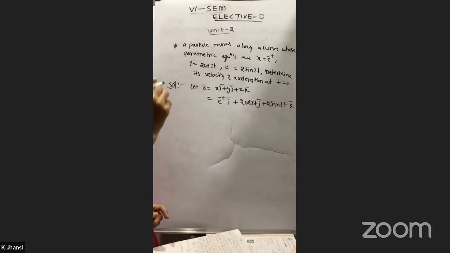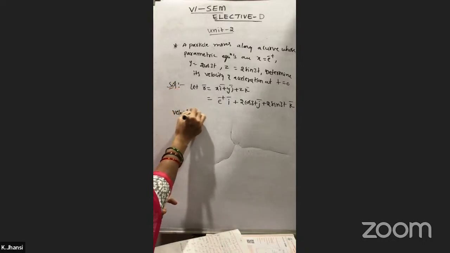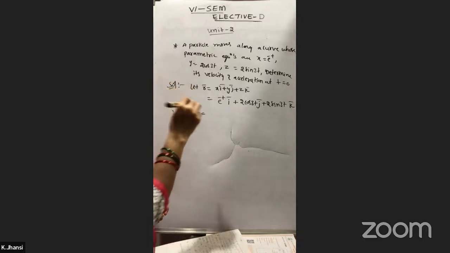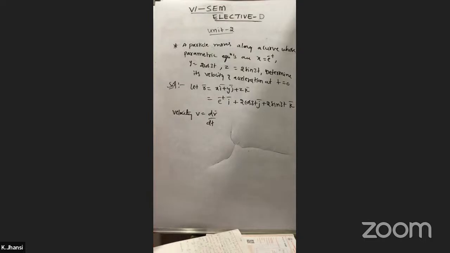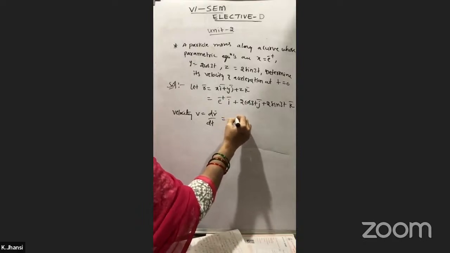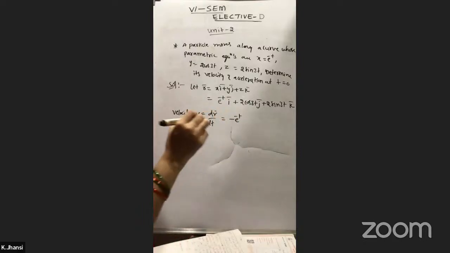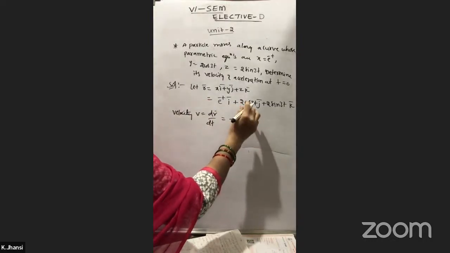So if you find the differentiation of this one, that is velocity v is equals to dr by dt. Okay? dr by dt means differentiation of this one. So e to the power of minus t differentiation is minus e to the power of minus t i.